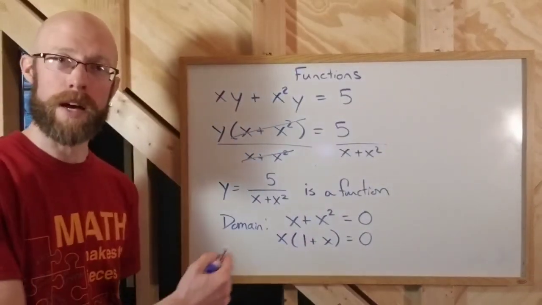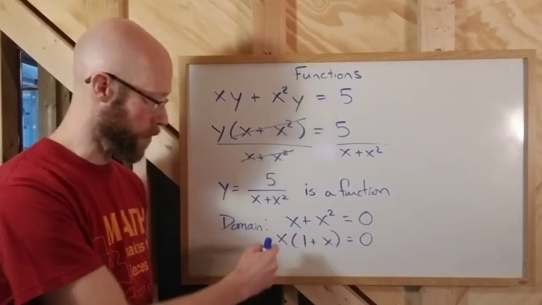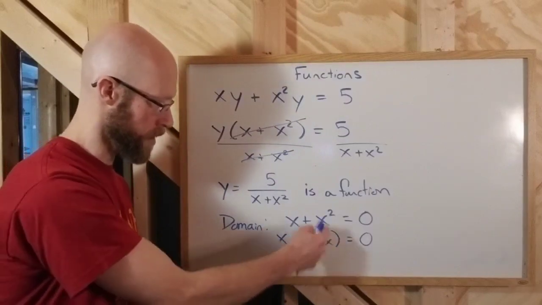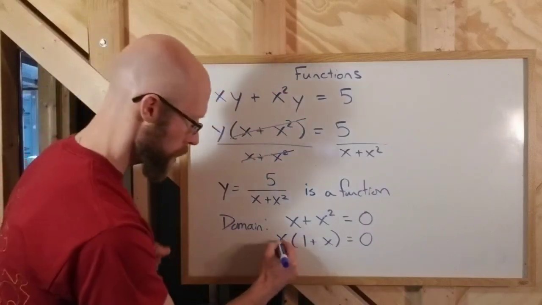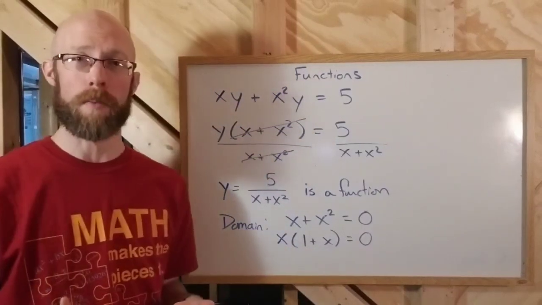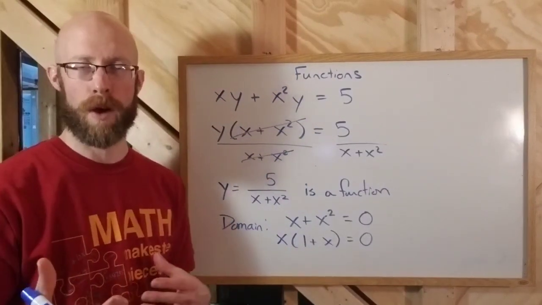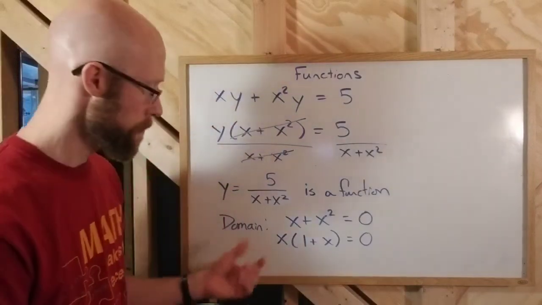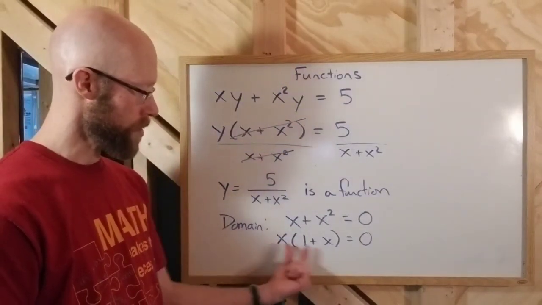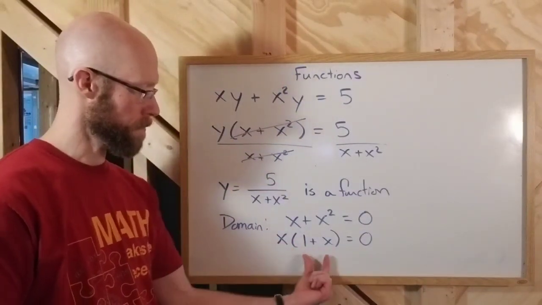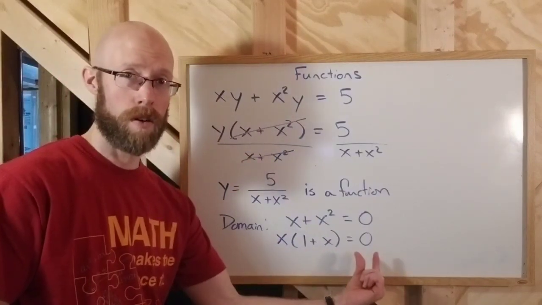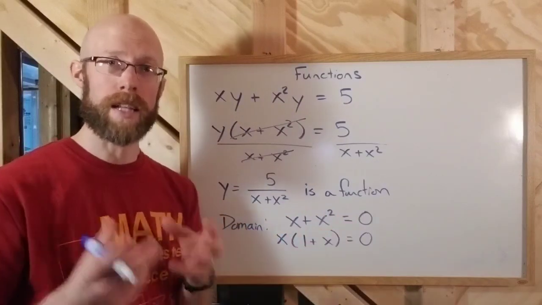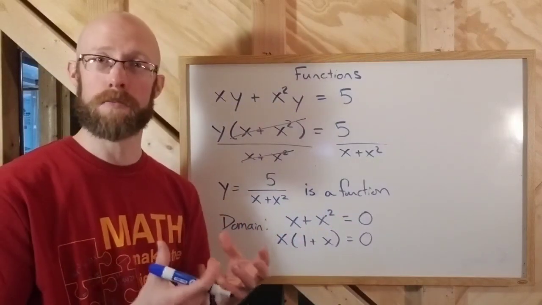And again, imagine redistributing this to go backwards. x times 1 is x, x times x is x squared. Okay, and there's a property in mathematics called the zero factor property, or zero product property, depending upon your textbook. It basically says that when you have two things multiplied together and they equal 0, at least one of the original factors must be 0.